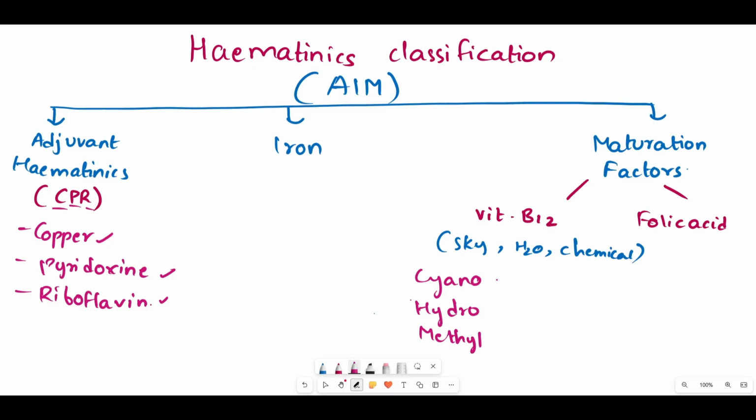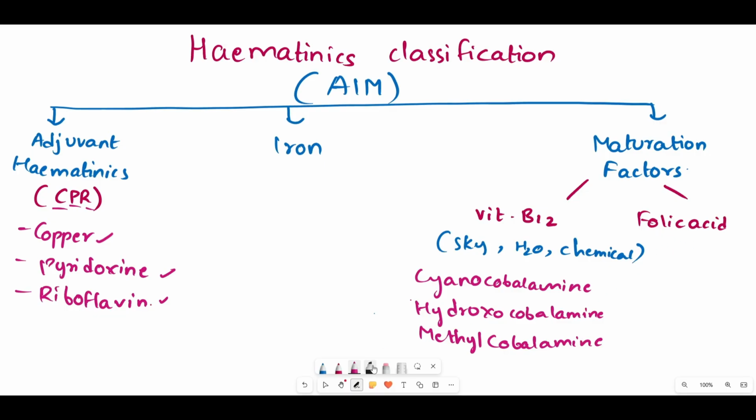So just add cobalamin. So one is cyanocobalamin. Second one is hydroxocobalamin. Then third one is methylcobalamin. Clear? Now coming back to the next one, which is folic acid.